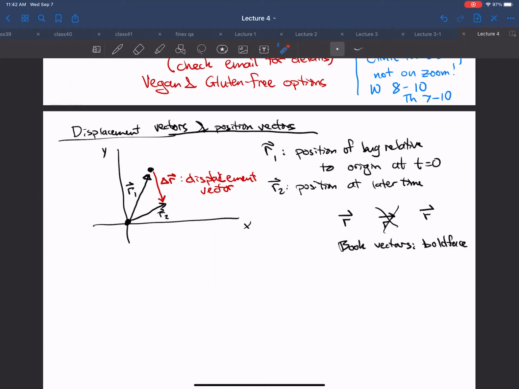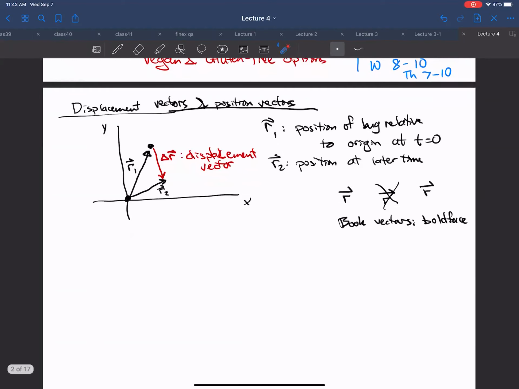Which night do you work, Logan? Thursday nights, okay. One more thing about clinic: it tends to get crowded on Thursday. So if you can be organized enough to go on Wednesday, not to knock Logan at all, it's going to be less crowded on Wednesday. It might be easier to get your questions answered more quickly. We have 3 student teaching assistants working on Thursday and 2 on Wednesday, but even with that, it's relatively less crowded on Wednesday.